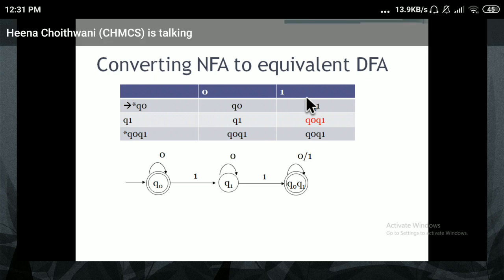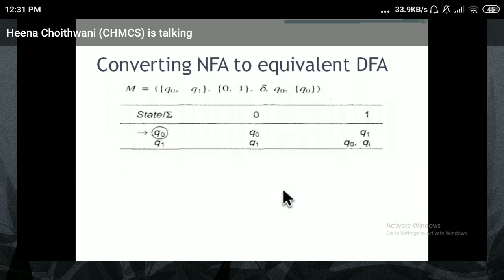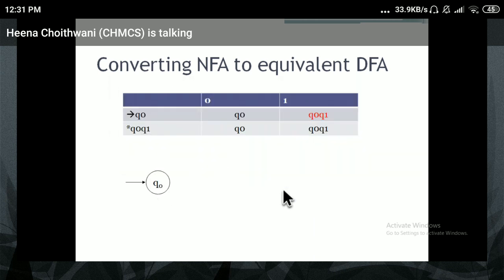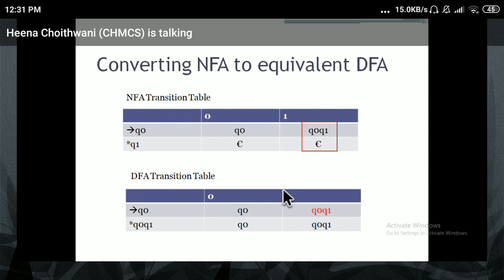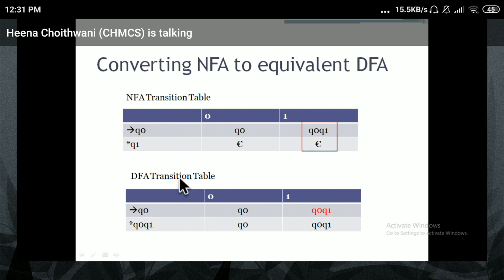Why remove Q1 in the previous example? Okay, just a minute. We're talking about this, right? So why are we not creating any transition for Q1 here?